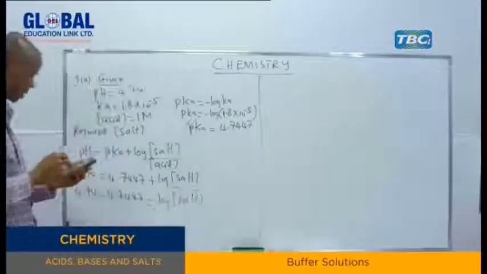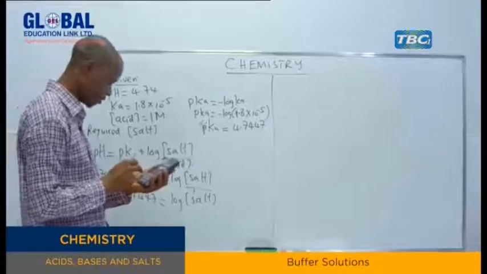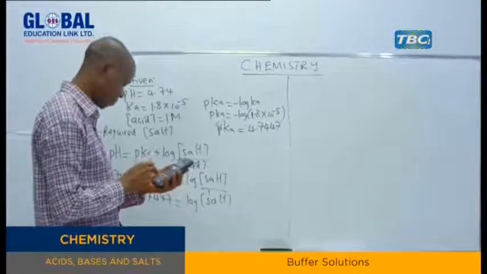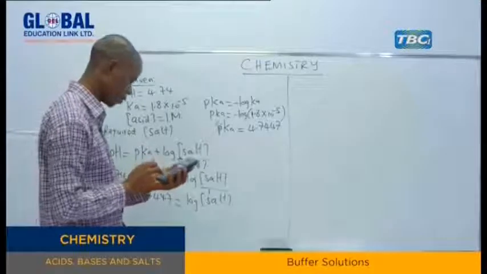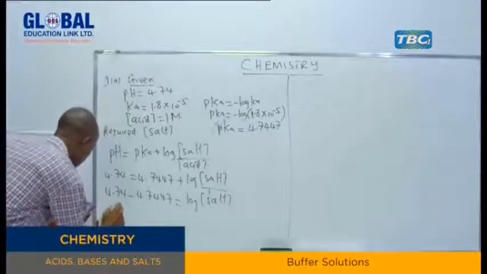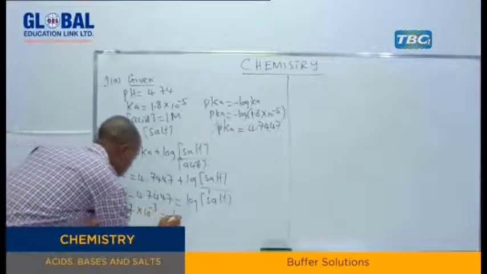When you take your calculator, 4.74 minus 4.7447 would be equal to negative 4.7 times 10 raised to negative 3.